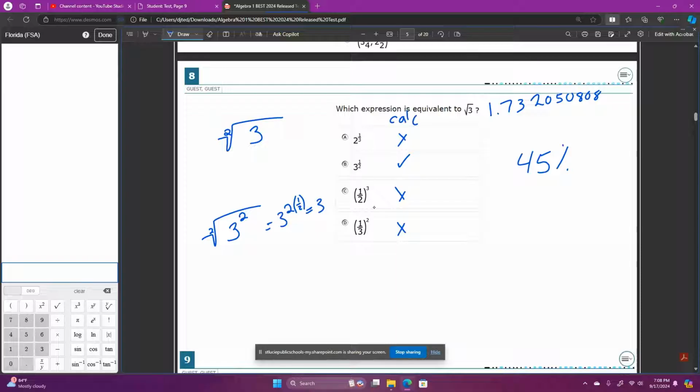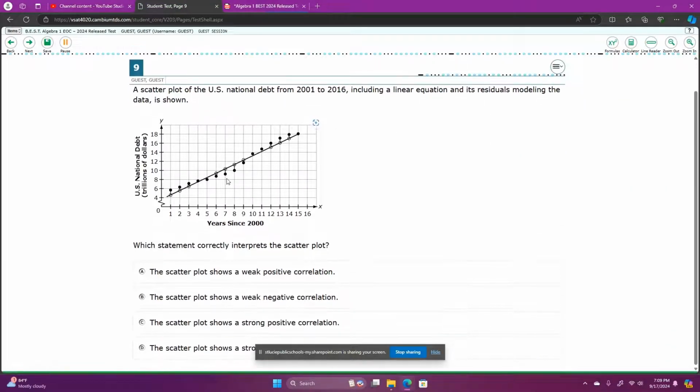Either they didn't know how to put that in on the calculator to find the match, or maybe it wasn't multiple choice and they had to type in their answer. I'm not sure. Only 45% of students got that right. And to practice these radical rules in IXL, you can look at lesson MDZ. Sorry, I forgot to put that when we were looking at that question. In question number 9, it was a strong positive correlation.